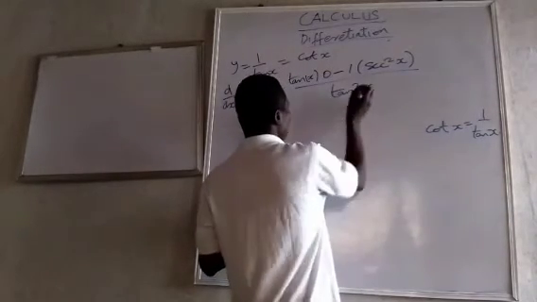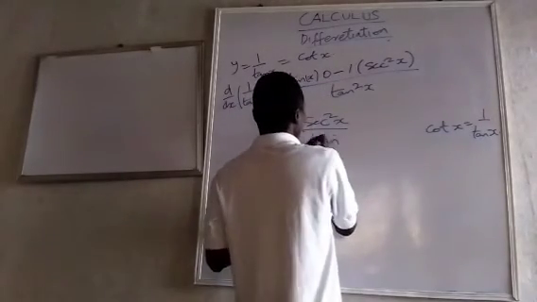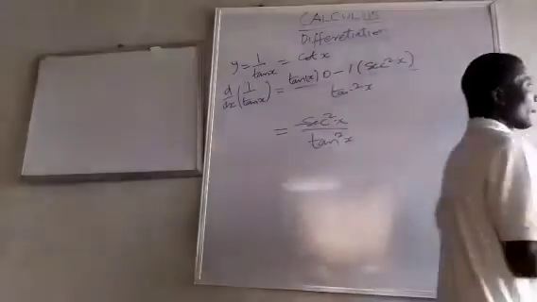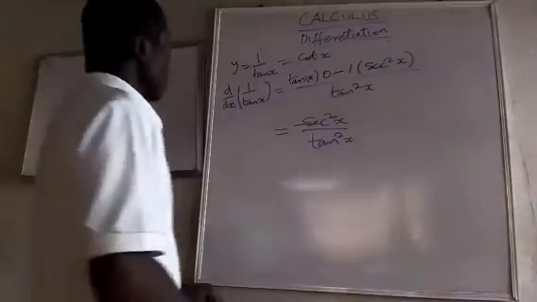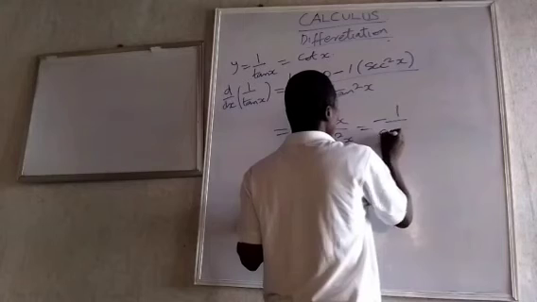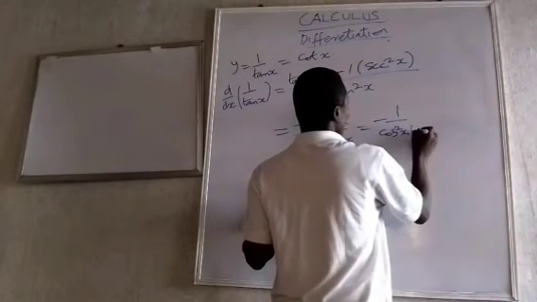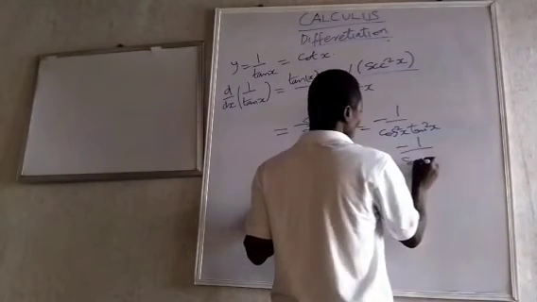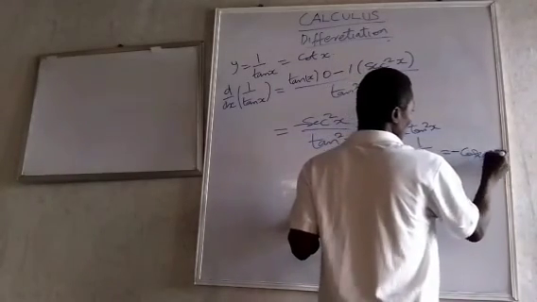So we can now say minus 1 over cos square x times tan square x, which is minus 1 over sin square x, which is minus cosec square x.